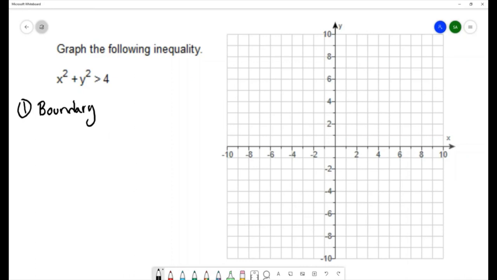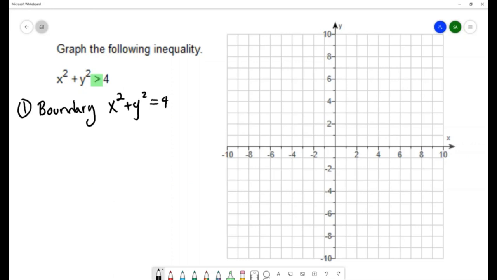Now, the boundary will be the equation changing this inequality sign to an equal sign. So we have our boundary being the equation x squared plus y squared equals 4. Then we want to decide whether that boundary line is included in the solution set.